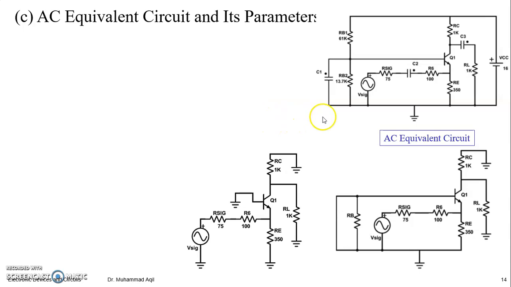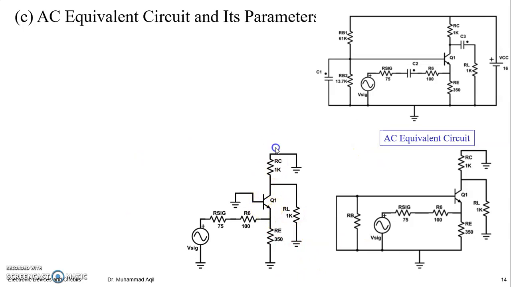Okay, we have drawn the AC equivalent circuit and simplified it. Now we can use the pi or T model to explicitly see the input resistance and output resistance, and then we can easily write the relations of Av0, Av, Gv0, and Gv.